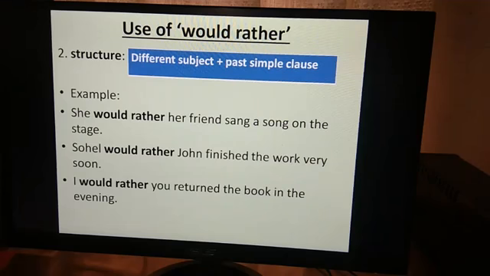I would rather you return the book in the evening. I, one subject.